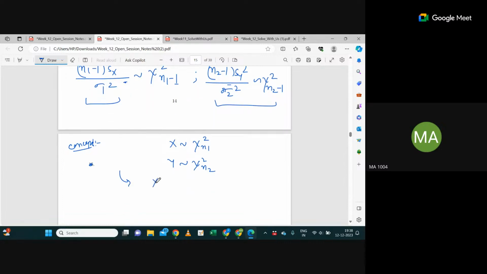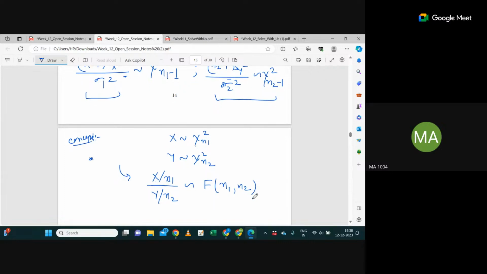Then the ratio of x divided by its respective degree of freedom and y divided by its respective degree of freedom will follow F distribution with degrees of freedom n1 comma n2. So just keep in mind: first is chi square with n1, x divided by its degree of freedom, then y divided by its degree of freedom, follows F distribution n1 comma n2.